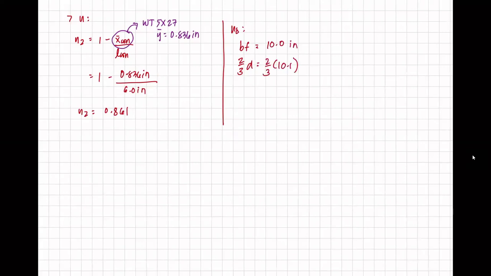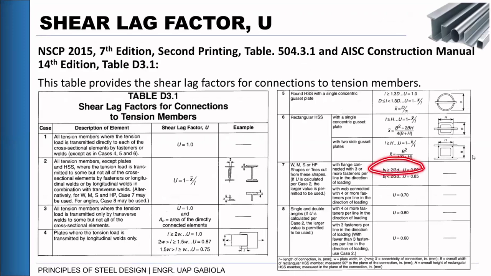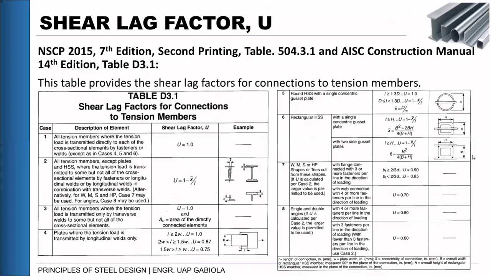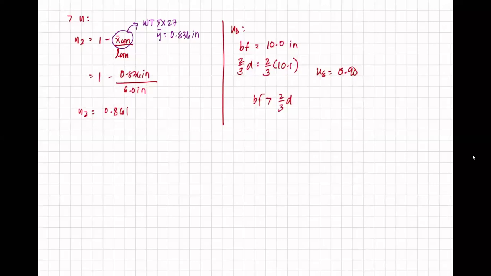So automatic that will be lesser, no? So BF is greater than 2/3 ng D. Then looking at our table again, it means na ito yung na-satisfy natin. So that is equals to 0.9. Okay? So this is U8 is equals to 0.9. And according to the code, if case 2 was used to calculate U, yung larger value will govern. So larger value natin is si 0.9. So siya yung mag-govern. Okay, so ang U natin is equals to 0.9.